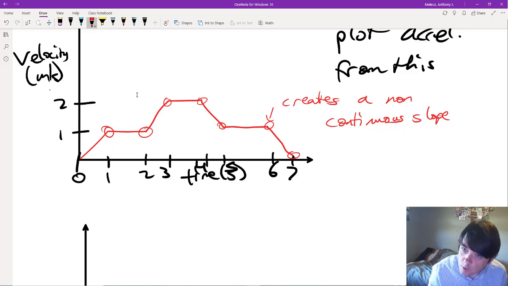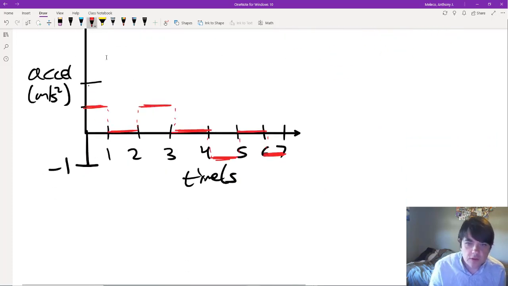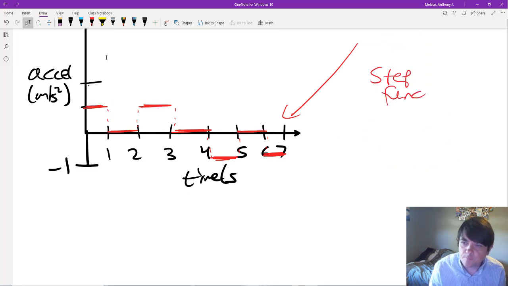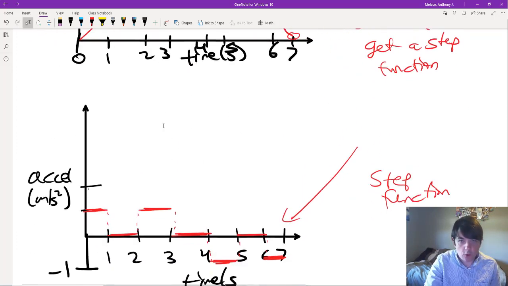And so we get what's called a step function, which is what this is. These are called step functions, and it's because they look like steps. They're non-continuous lines, so you don't actually connect these, technically. I don't want to get too specific on it, but essentially that's how it would work.